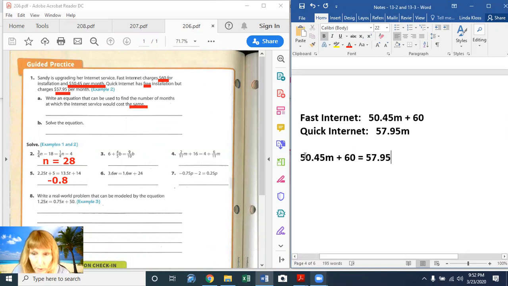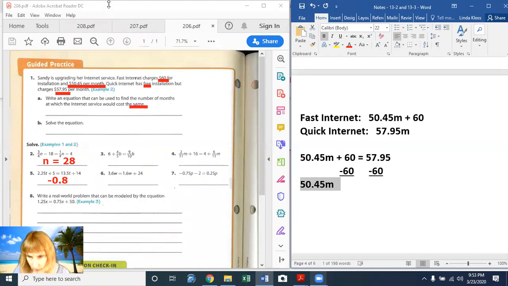I am not going to multiply by 100 on this one. I'm just going to solve the decimals. So I am going to move the 60 to the other side by using inverse operations, minus 60. Move this down a little bit. And if I do that, you can go ahead and work this out on your paper too and see if you get the same thing I get. And we now have 50.45m, the underlining.